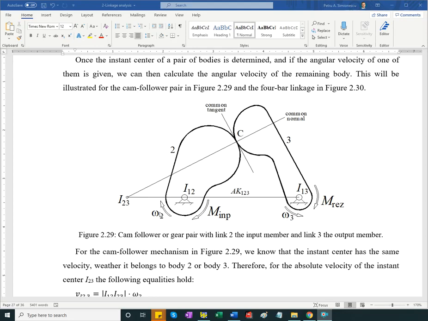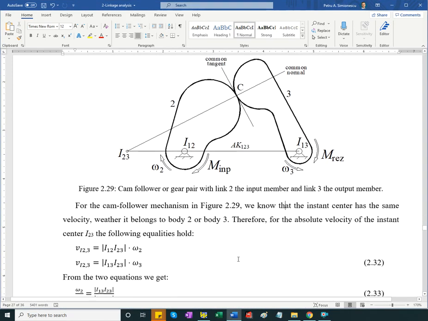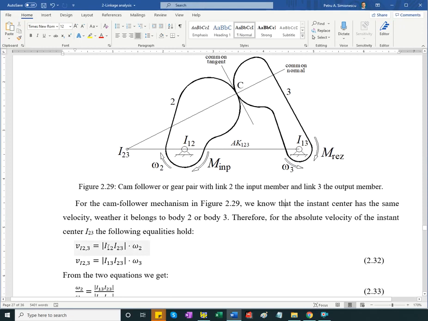So that's considered given or feasible, and we can now write these two equations. We know from theory that the instant center has the same velocity whether it belongs to one body or the other. So instant center I23 from the perspective of body 2 will have a velocity equal to omega 2 times the distance from I12 to I23.